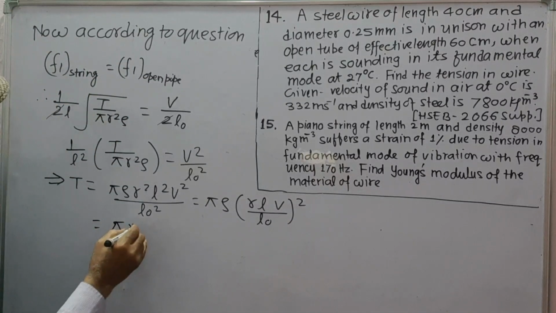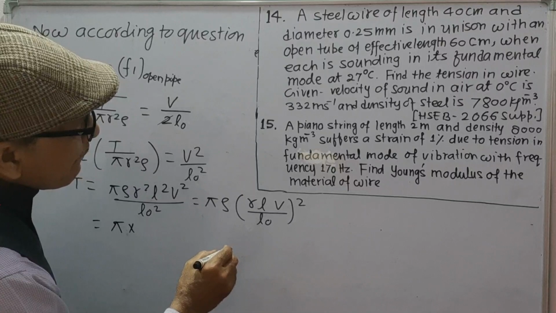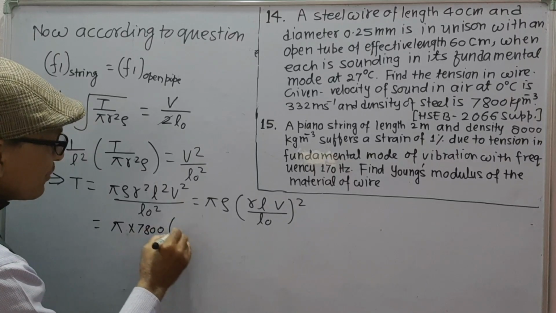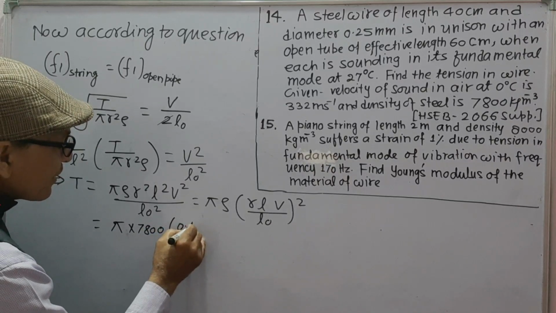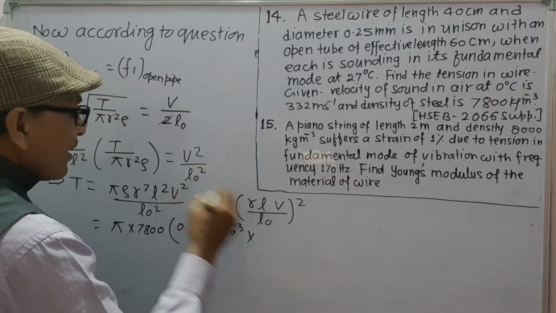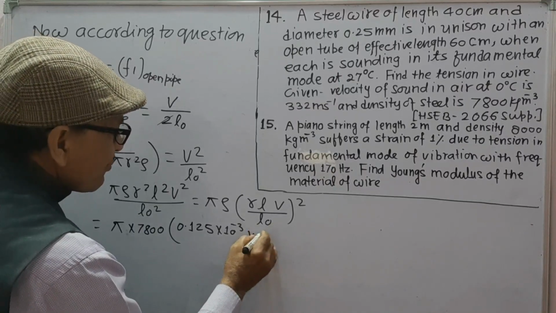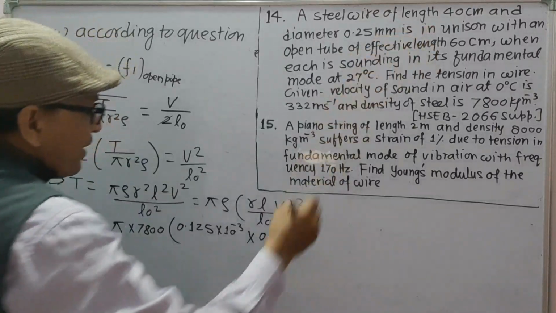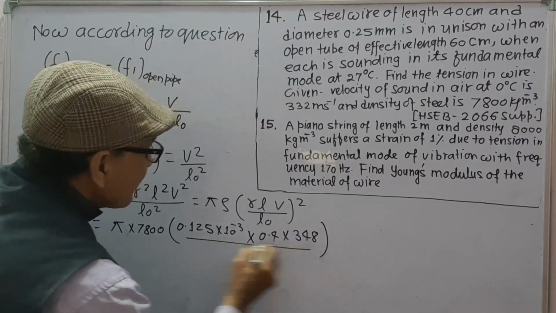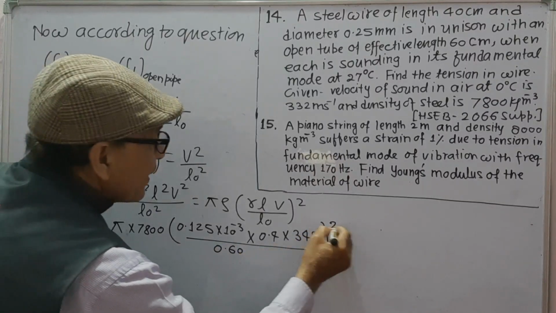Pi rho is 7,800, into radius 0.125 into 10 to the minus 3, into the length of the wire, which is 0.4 meter, into velocity 348 upon L naught, the open pipe length 0.6, whole square.